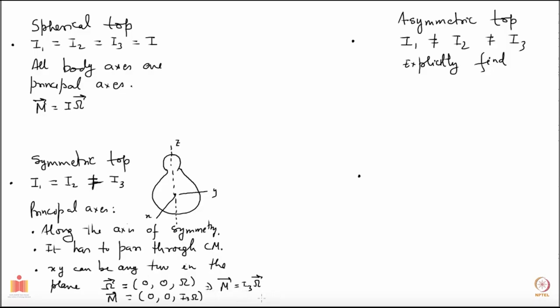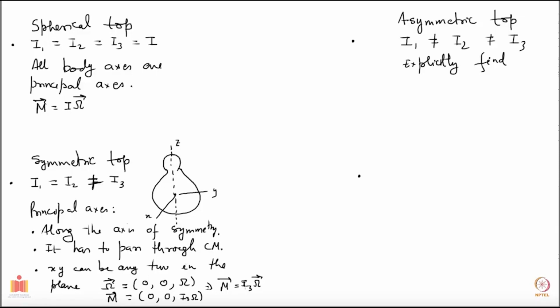Let me also add one thing. I remember that in the class, students have difficulty imagining a top rotating in a direction different than the direction of the symmetry axis. They had difficulty imagining that the instantaneous axis of rotation for the top can be different from the symmetry axis.